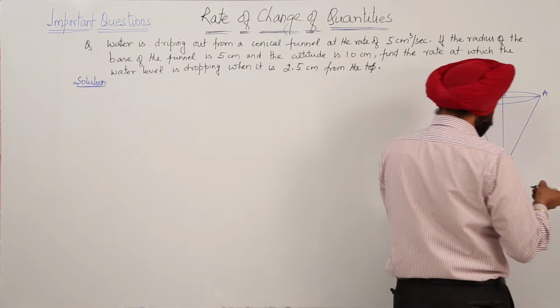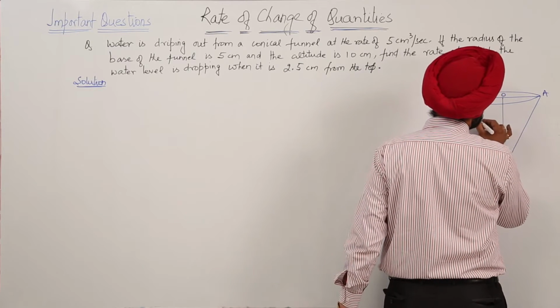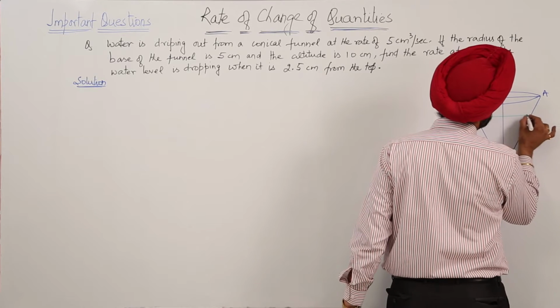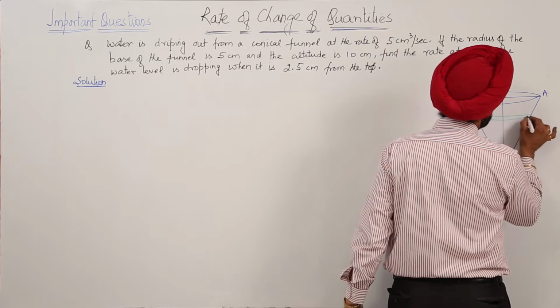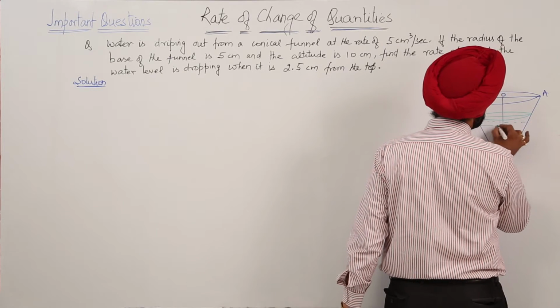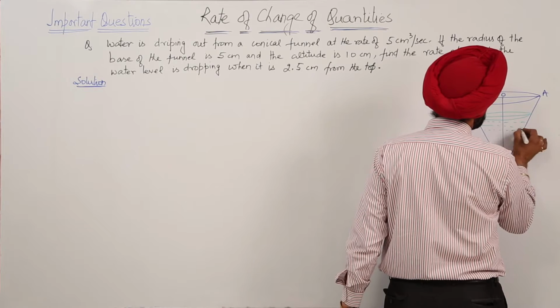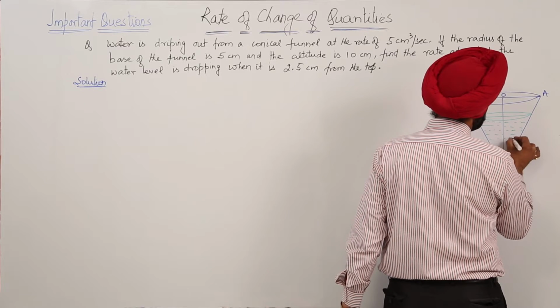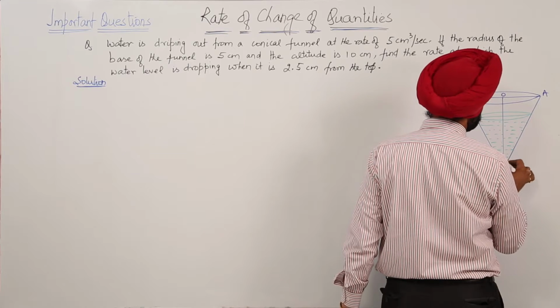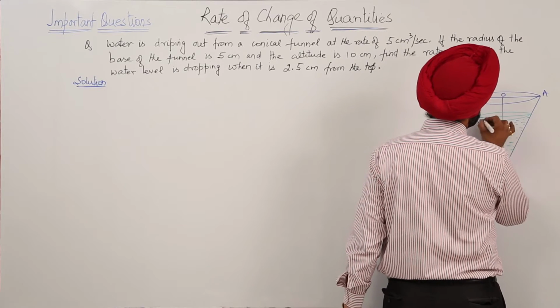Okay, so here is the water level, this part. This is the water level where it is going out from the cone, dripping slowly drop by drop from the funnel.